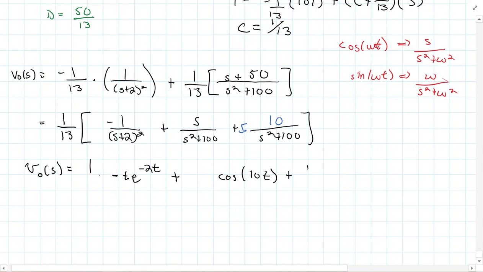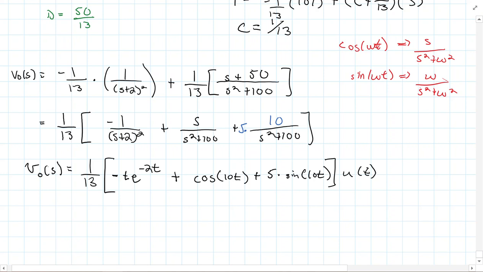What are you doing? No, it's not cosine omega t, it's cosine of 10t plus 5 times the sine of 10t. And then again, remember, we should always multiply this by u of t at the end.